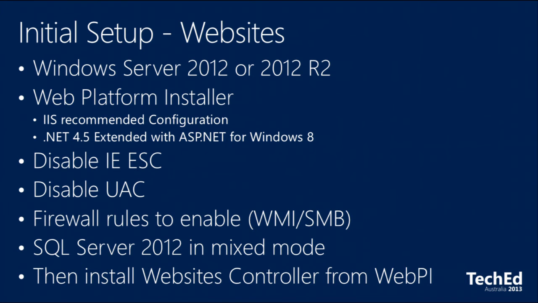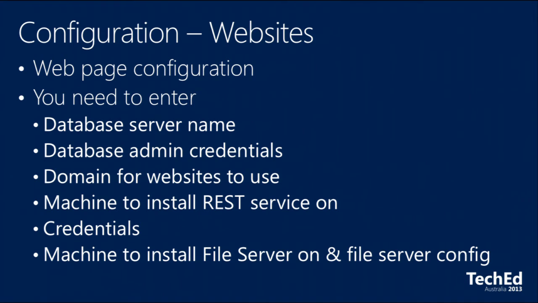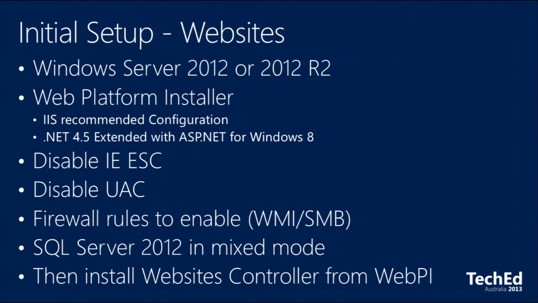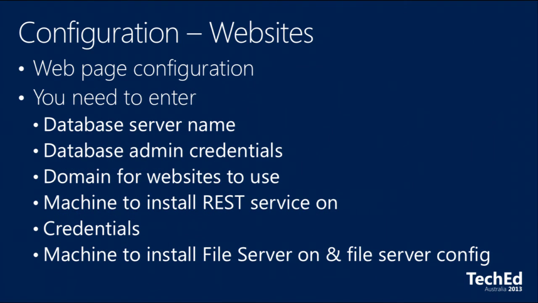And again, you need SQL Server, and you install the website's controller from the web platform installer, and then you configure your database server name, admin credentials, the domain that you want your websites to come into, and then you need to provide the machine that you're going to install the REST service on, a machine you're going to install the file server on, and away you go, and it will spin those things up for you. So that's why you need to have those firewall rules for WMI and SMB enabled, so it allows the website's controller to talk to the REST and file server box.